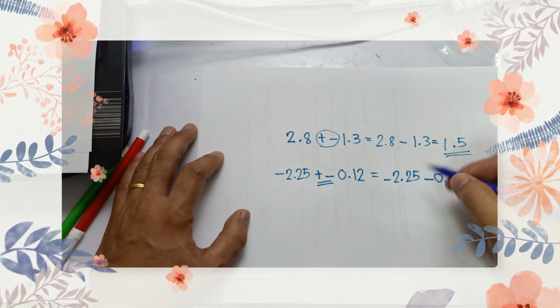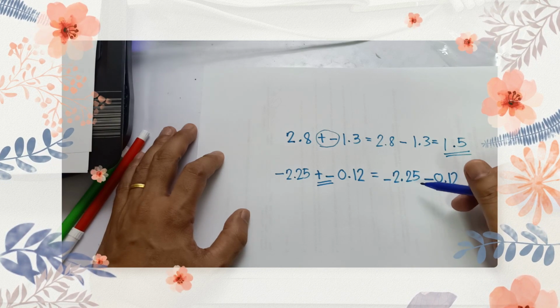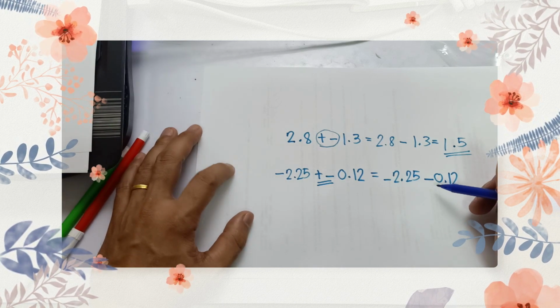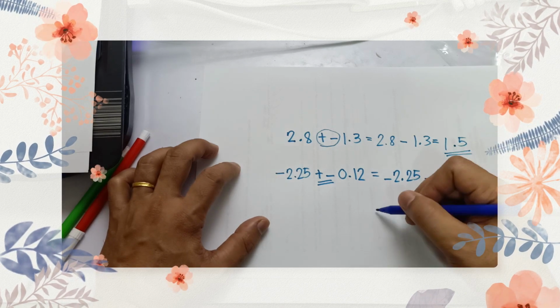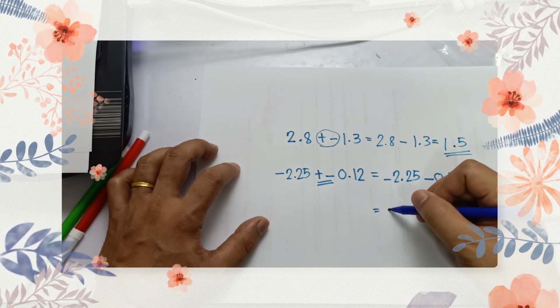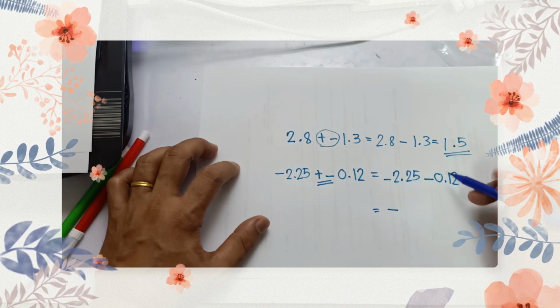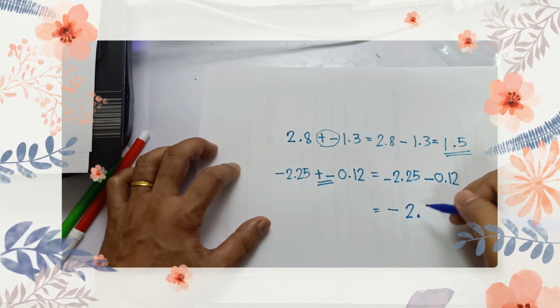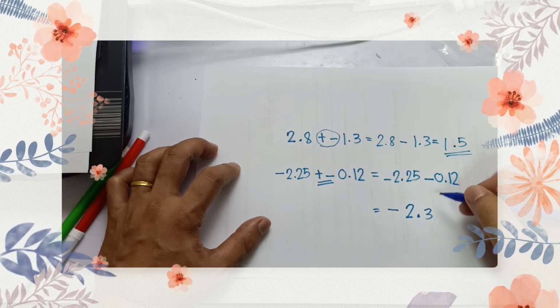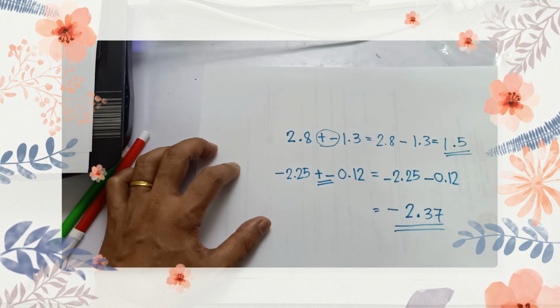So we have minus 2.25 and then minus 0.12. Minus minus, you just copy the sign. Minus minus is minus. And then you add the absolute values of the numbers. So that is 2.37. So that's the answer.